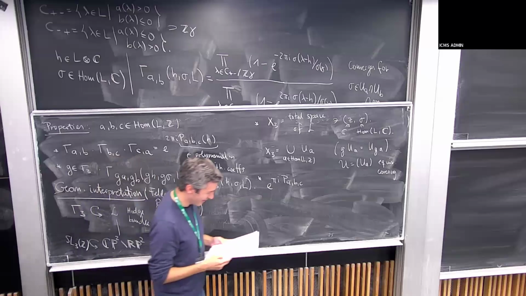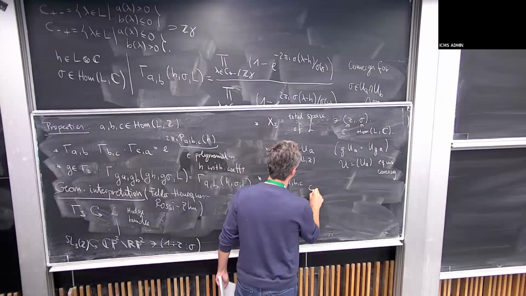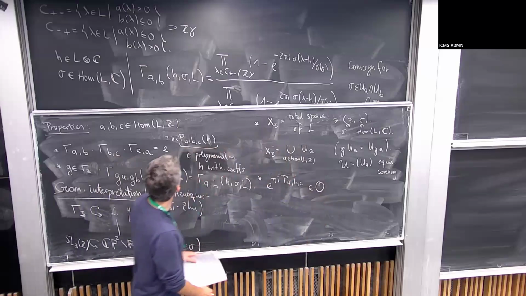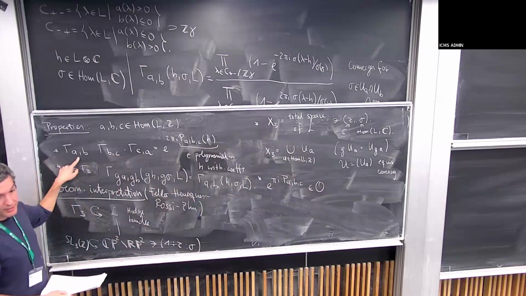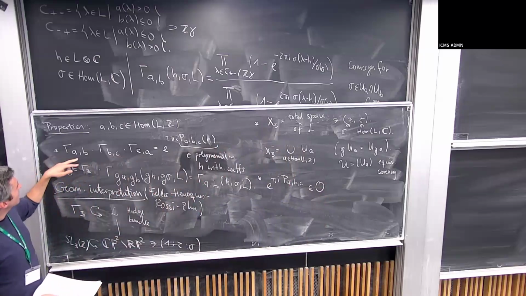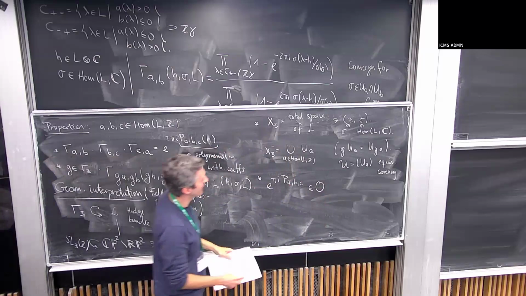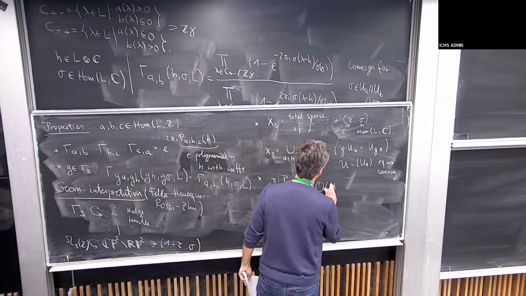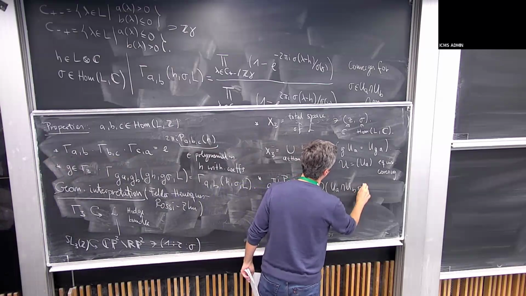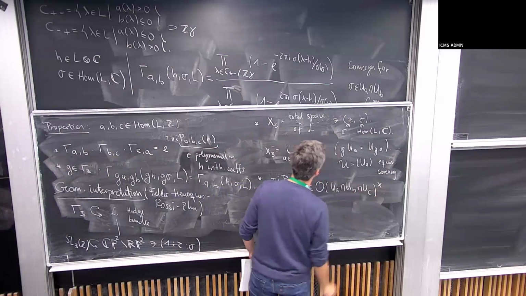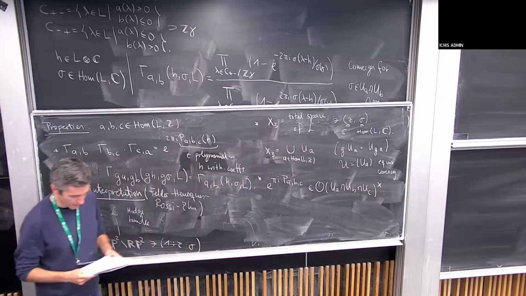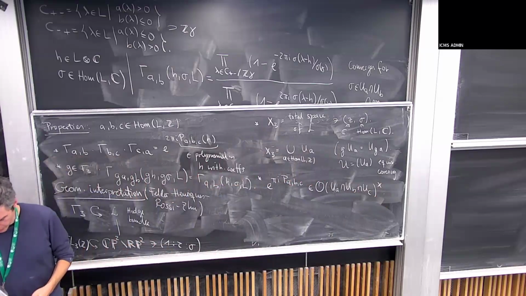I also have these functions that I talked about before, e to the pi i e_ABC. Before, to define these functions, I had to be in the intersection of U_A and U_B. And so for this to make sense, I have to be in the intersection of all these three. So that's a holomorphic function here.